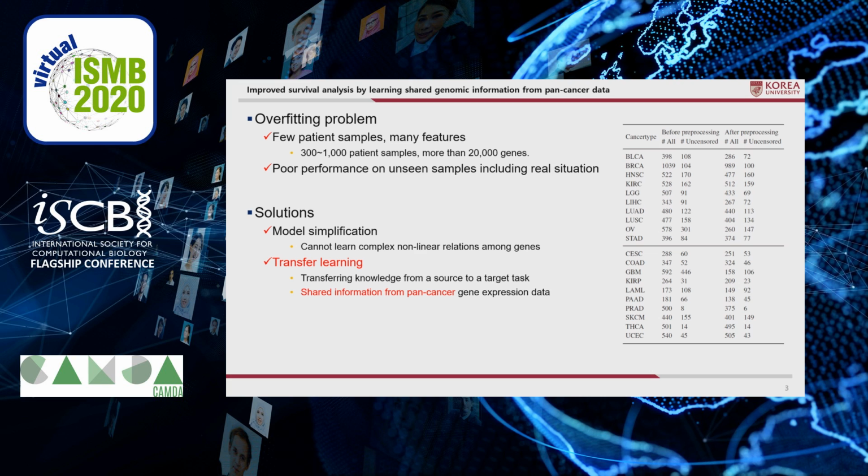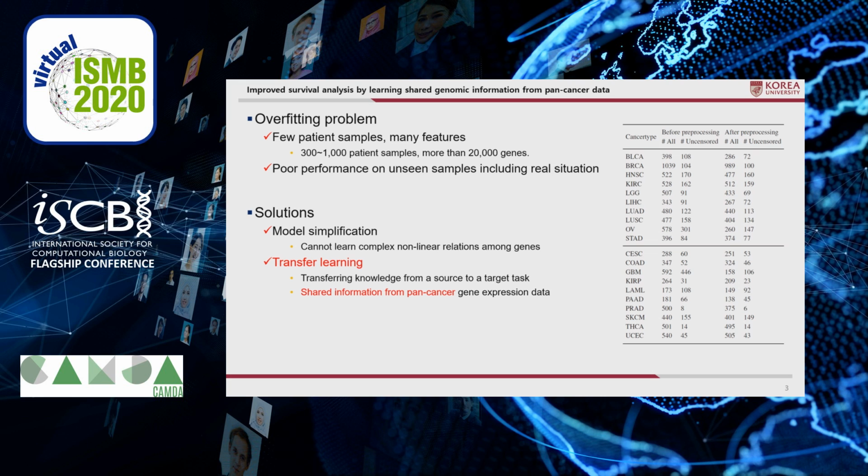So, one of the representative solutions to the overfitting problem is transfer learning. Transfer learning is a model training technique that extracts certain knowledge from a trained model and transfers the knowledge to a new model to be trained.